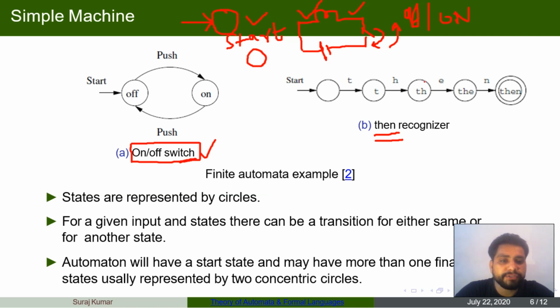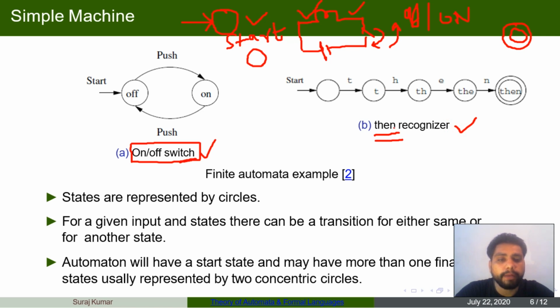These are intermediate states, and the final state is usually represented by two concentric circles. So this is your starting state, these are intermediate states, and this is the final state. You want to recognize this keyword then.